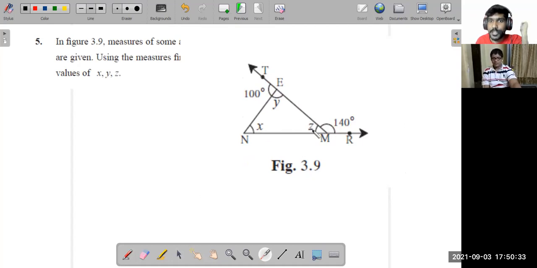Linear pair. So these two angles are in a linear pair. So how much will angle z be? 180 minus 40, that is 140 degrees. So by linear pair, you get this to be 140 degrees. Now, how about here?